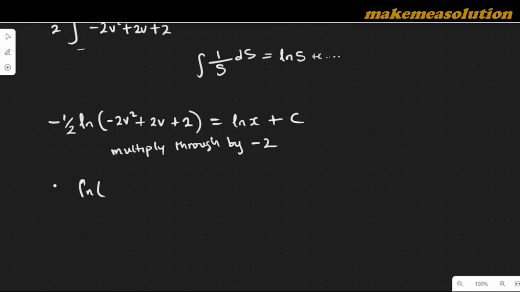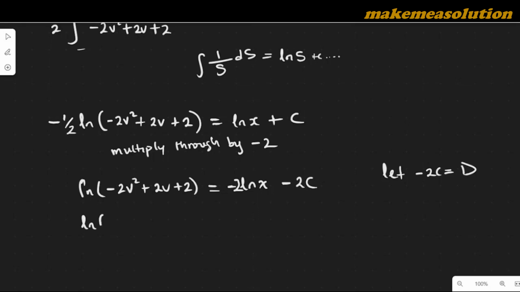We'll get ln minus 2v squared plus 2v plus 2 is equal to negative 2 ln x and negative 2c. So you can call negative 2c something like d, for instance.